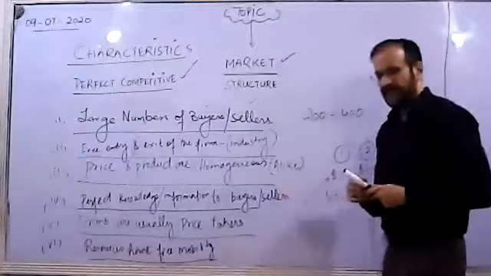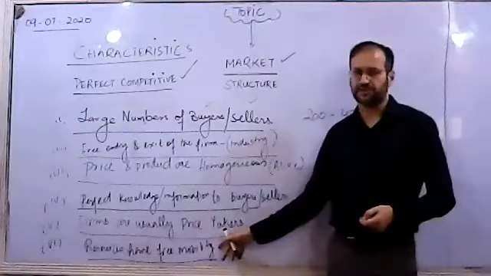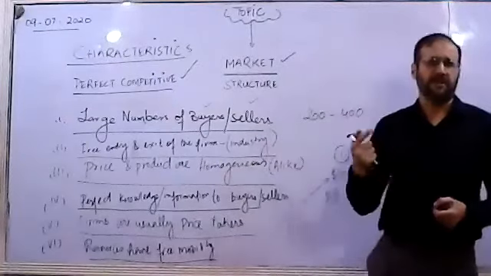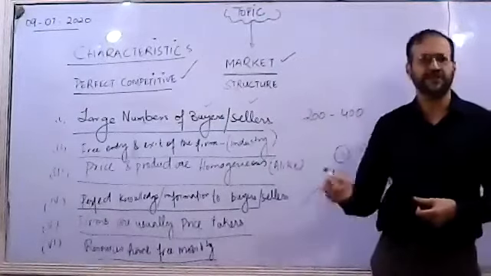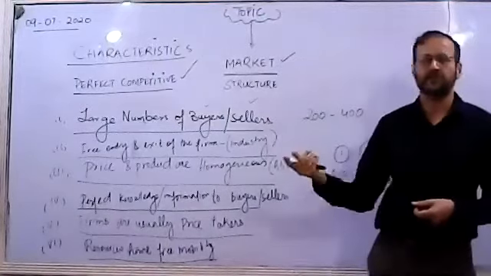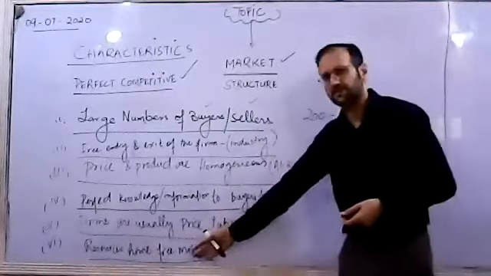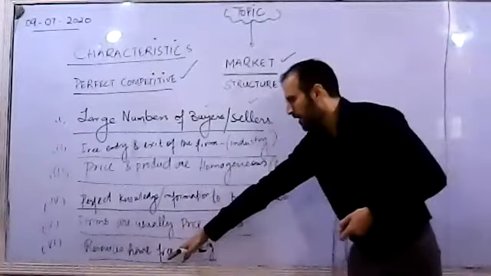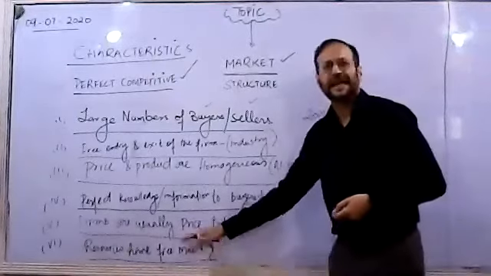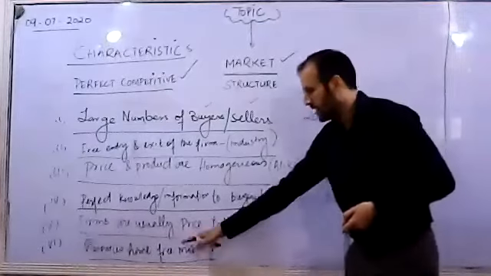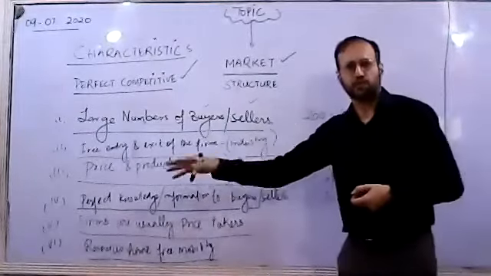Free mobility, and we know the word when we talk about mobility of resources. We have learned about the mobility of labor, like labor can move from one profession to another, from one industry to another, and from one location to another. The same goes for the resources in this market. There is free mobility of them. Resources are not immobile in this market. They are easy to move from one product to another.